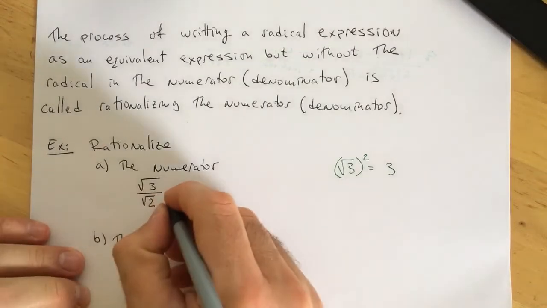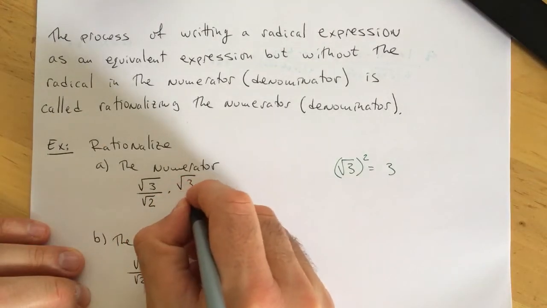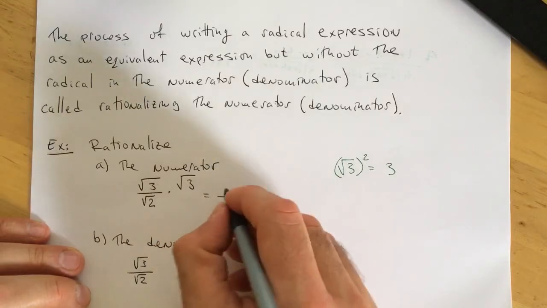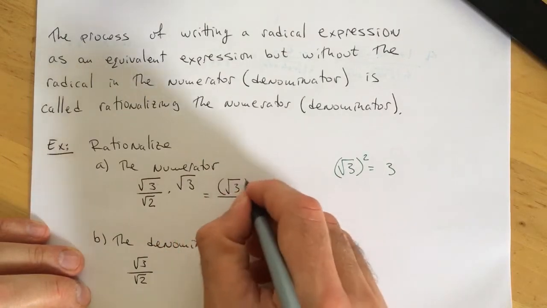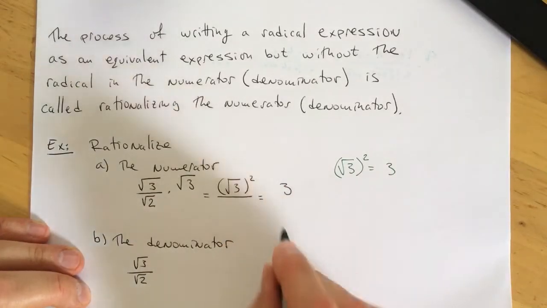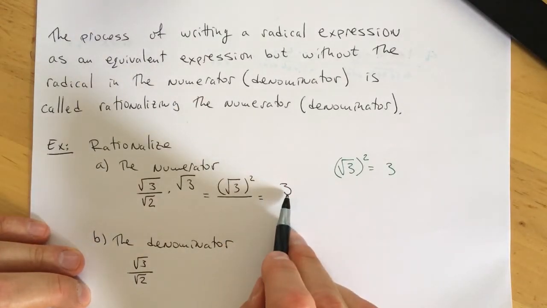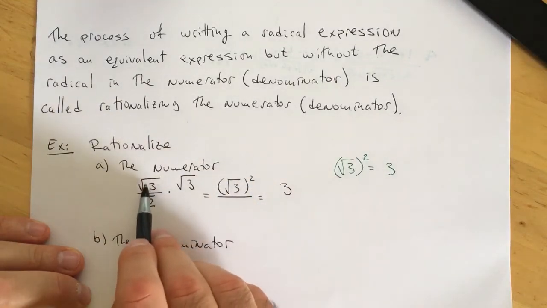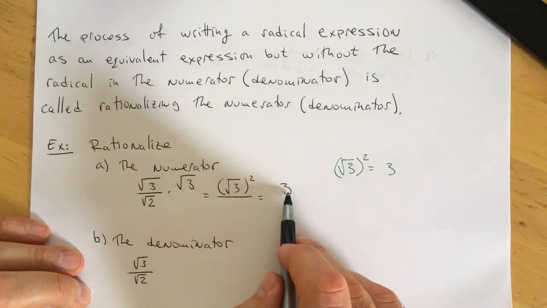So if I multiply the numerator by square root of 3, on the next line I will have square root of 3 squared, and this will just result in the number 3, exactly what we want. As we can see, from square root of 3 in the numerator, I ended up with the 3.